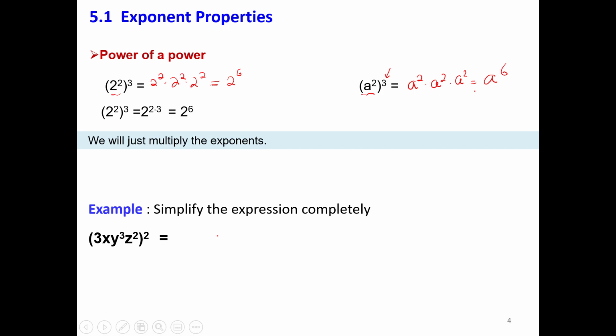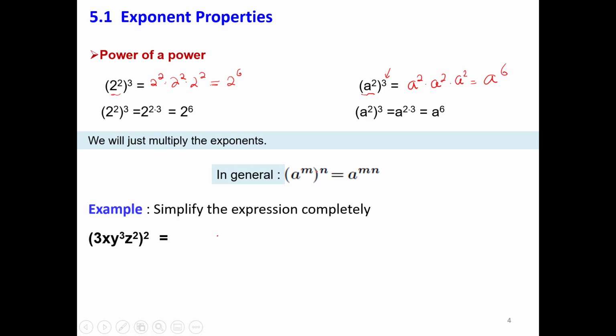And we can simplify this problem just if we multiply the exponents. 2 times 3 is 6. Then in general, if we had the power of a power, we multiply the exponents.